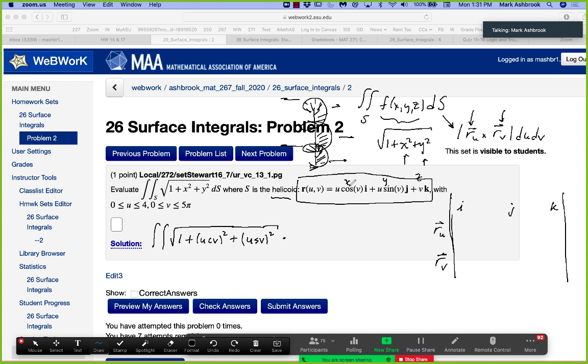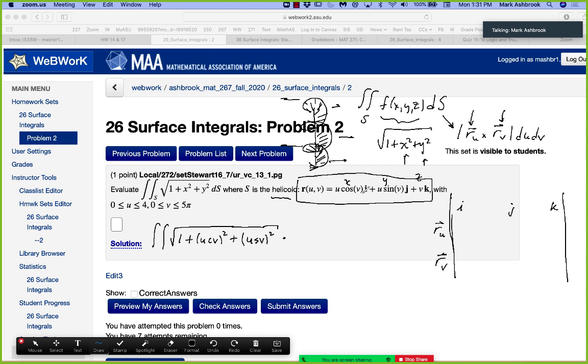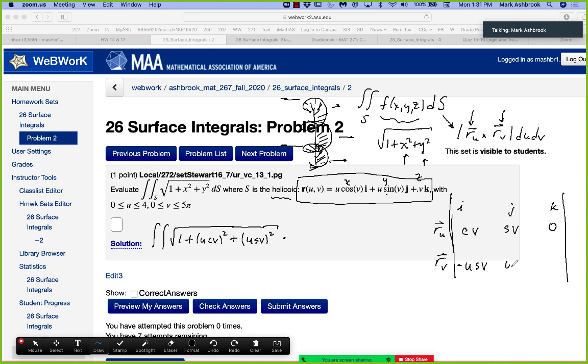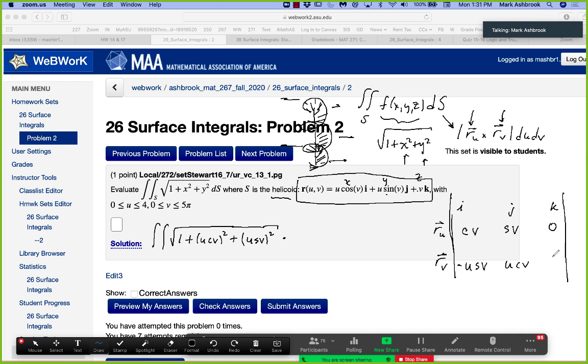The partial with respect to u is, each one separately, cosine v, sine v, and 0. And with respect to v, we get negative u sine v, u cosine v, and 1.